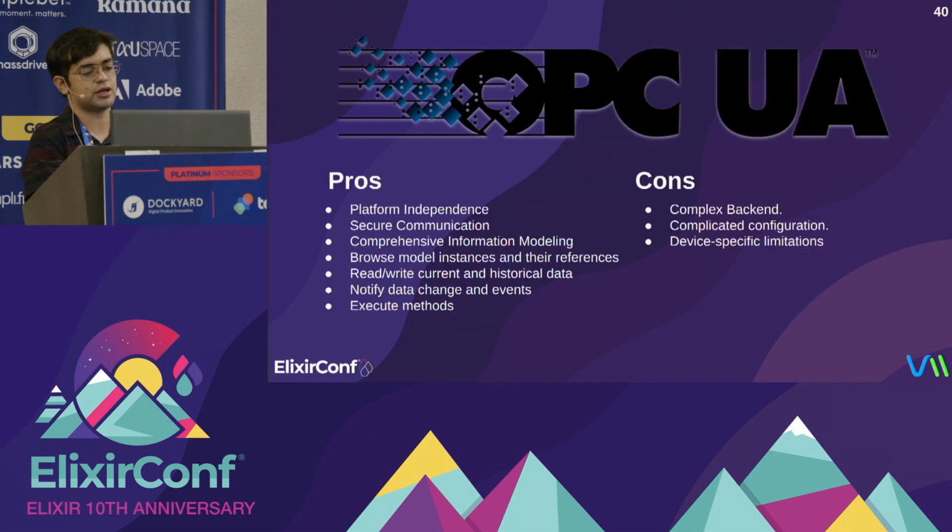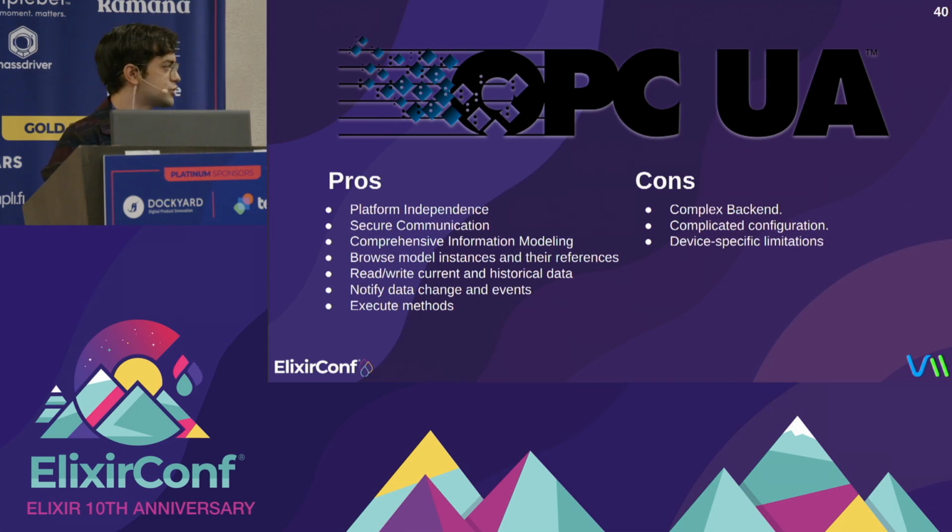And for this approach, I will talk about OPC UA, which is the more complex communication protocol. They model the data of the device in an object-oriented way. They also support secure communication.